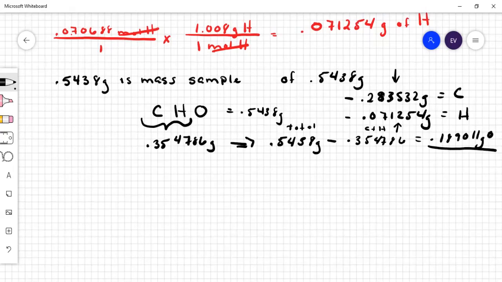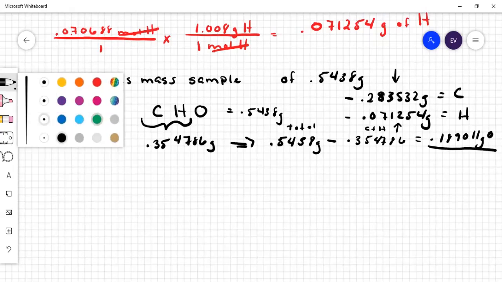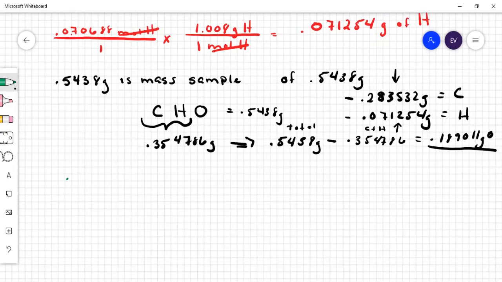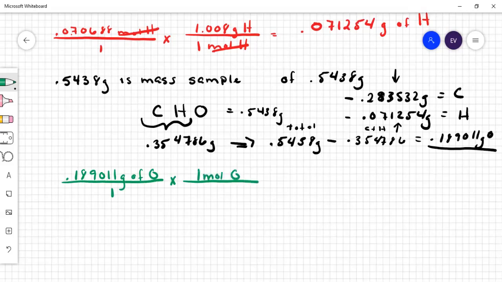Now we're going to take the mass we just gathered for oxygen, 0.189011 grams, and I know that 1 mole of oxygen is 15.999 grams of oxygen.